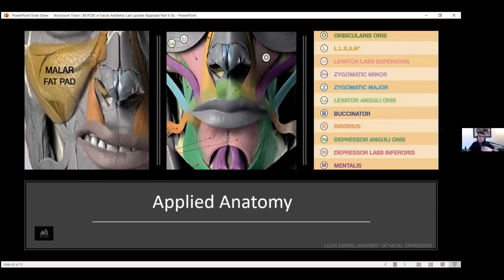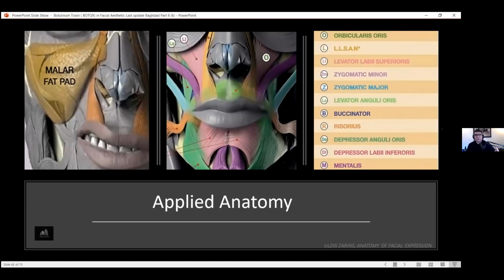Again, as in the last lecture, we have to focus on each spot, because we are dealing with the muscles. Minimally, you have to know the major muscular structures around your area of concern. For example, in gummy smile, we are applying medication in some parts of the perioral tissue, mainly to the muscular complex around the oral cavity.